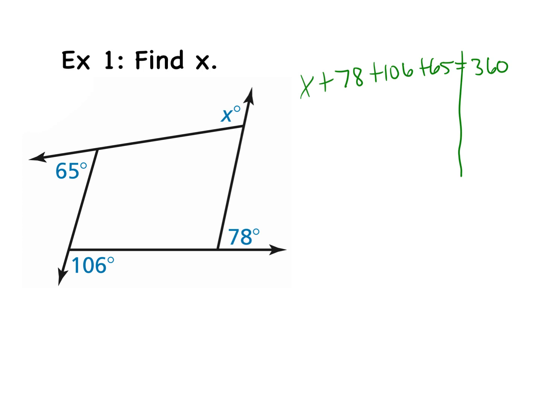Okay. And then you're going to simply solve for x. What's our first thing we need to do when we solve for x here? Combine like terms. So I have an x, 78, 106, and 65. Nothing to combine with the x. What do those three numbers add up to equal, though? 249.